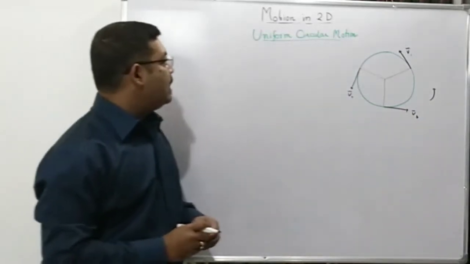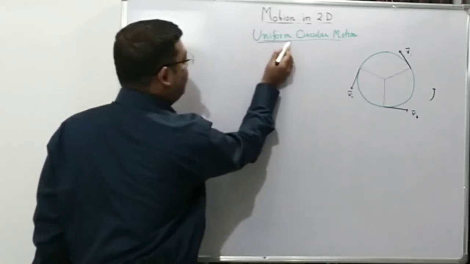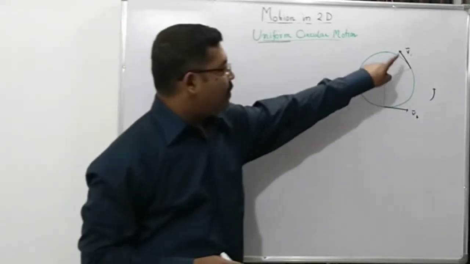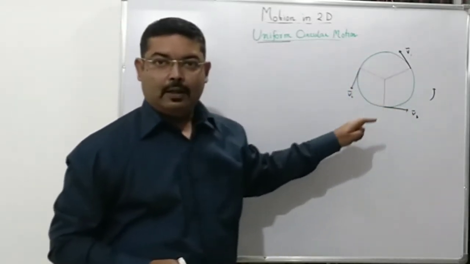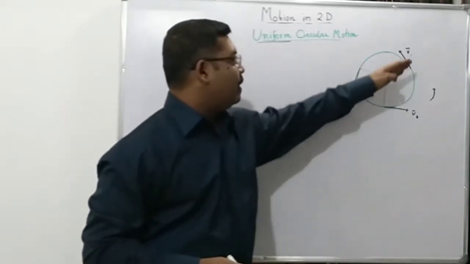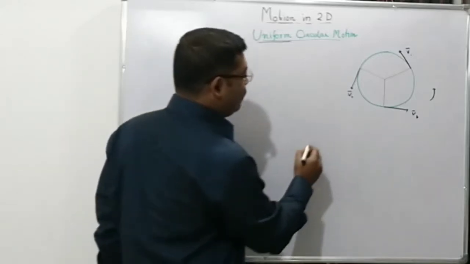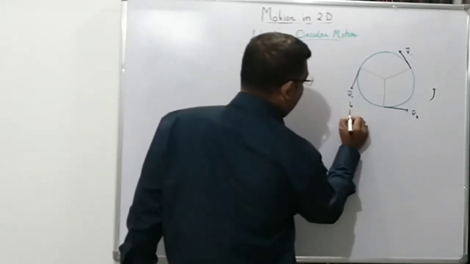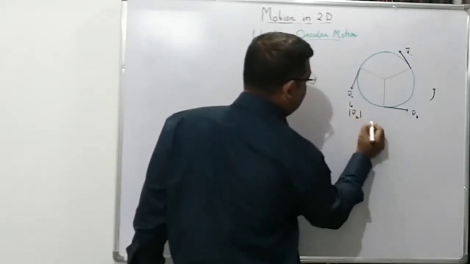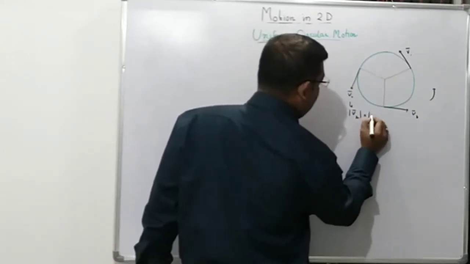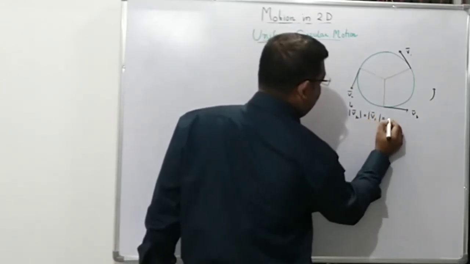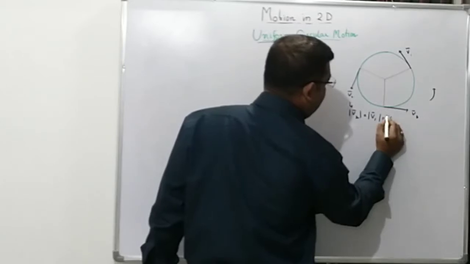Now, when we say uniform circular motion, what we mean is that when it is traversing that particular circular path, even if the velocity is changing because the direction is different at every point, the magnitude of the velocity, modulus of V2 say, is equal to modulus of V1, which is equal to modulus of V3.